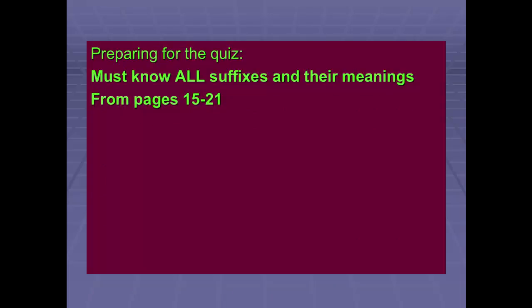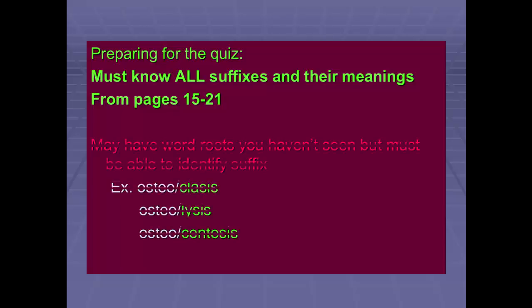So for the quiz over Chapter 2, you must know all the suffixes and their meanings from pages 15 through 21, and that's where you're going to make your flashcards. I had a little video at the beginning of the lesson that shows how you can make flashcards to memorize these meanings. If you have not had the opportunity to view that, I suggest that you go back and do so now.